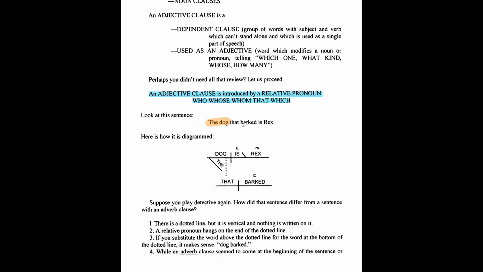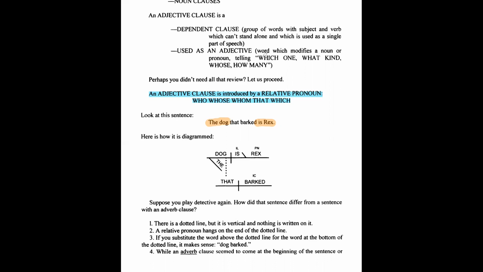The dog is Rex. This is the verb and the predicate noun for the dog. I can take that barked out of the sentence, and the sentence makes perfect sense. The dog is Rex.